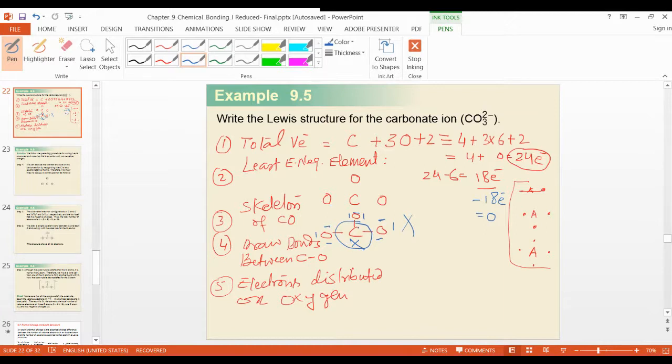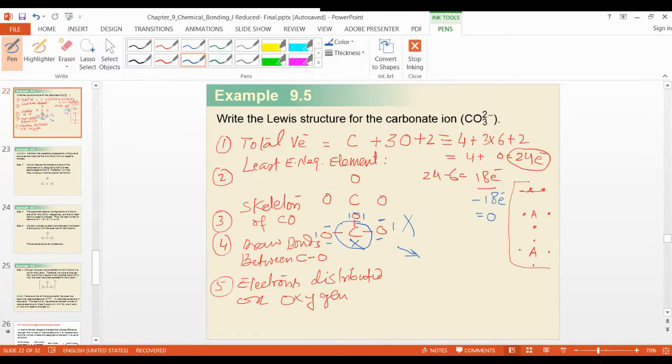Just internally you can adjust the octet of carbon. Out of these 3 oxygens we have, you can transfer any 2 electrons from here to the carbon.